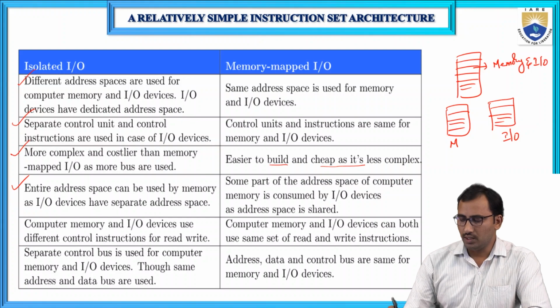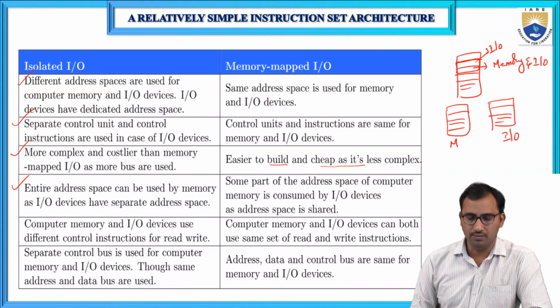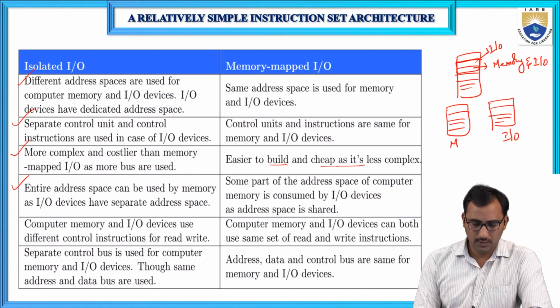If you have a memory, some portion of it is allocated for the I/O device. So the I/O address space and the memory address space overlap in memory mapped I/O. That's why more address space is available for isolated I/O.